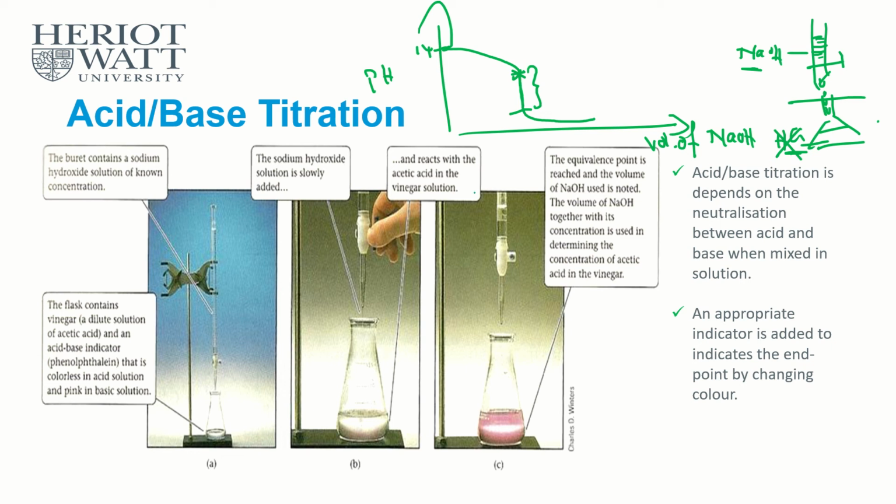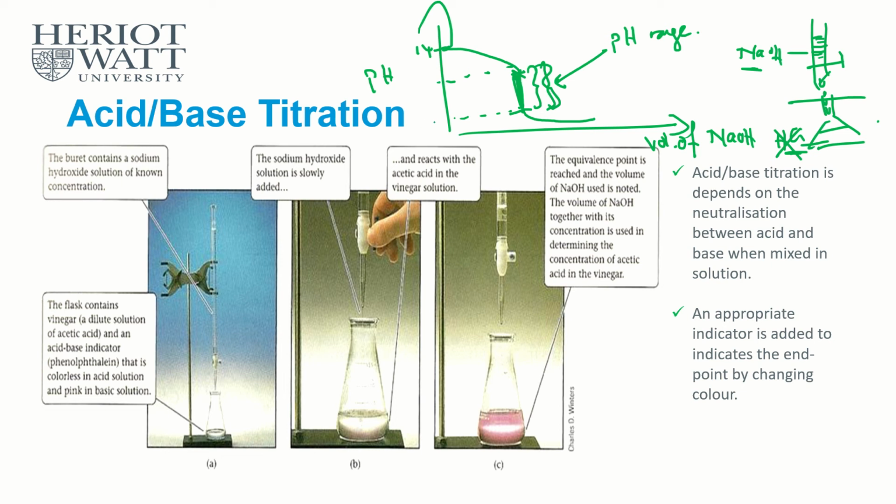So your indicator must have a pH range that matches this region. Whatever indicator you choose, make sure it can change color in this straight line region, and this region will give you a certain pH value.